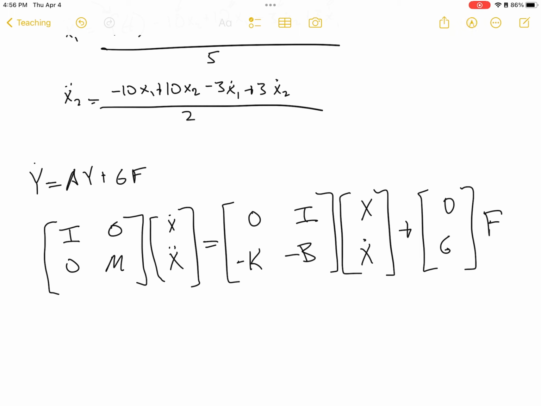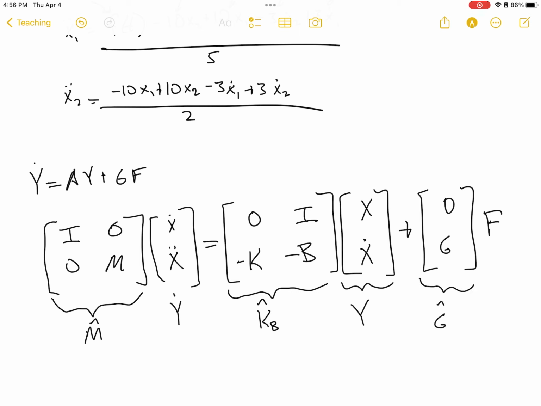And we're going to call this matrix here m hat. So this is the y dot matrix. This matrix we'll call k sub b hat. This is the y matrix. This is g hat, and it's defined by your inputs.